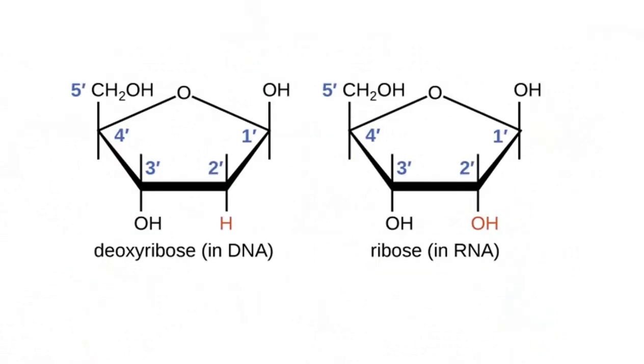In nucleic acids, we will find two different kinds of pentose sugar units. In some, at the second prime, a hydroxy group is present. In some other category of nucleic acids, at the second prime, the oxygen is absent, and this kind of sugar is called deoxyribose.